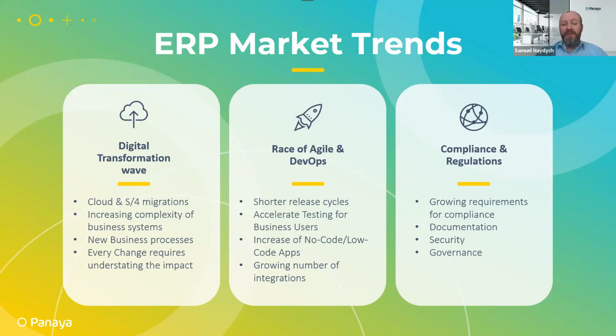This is the reason why each and every change introduced into the SAP ERP environment needs to be checked, and needs a great understanding of the impact it is causing, not just to introduce the innovation, but also to keep the existing environment healthy. Another trend is agility and DevOps.